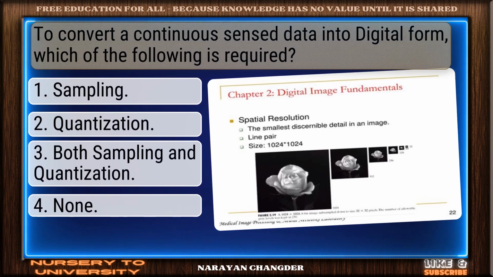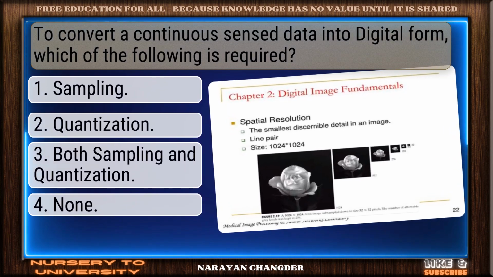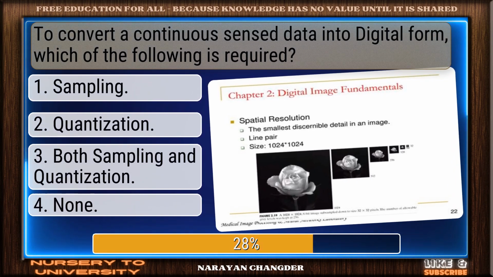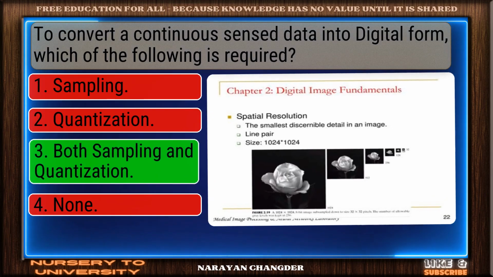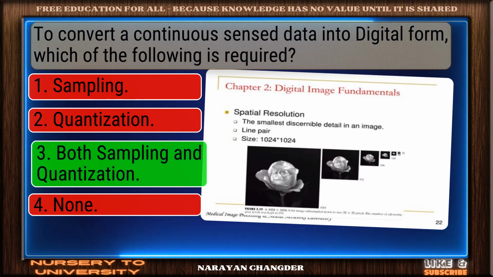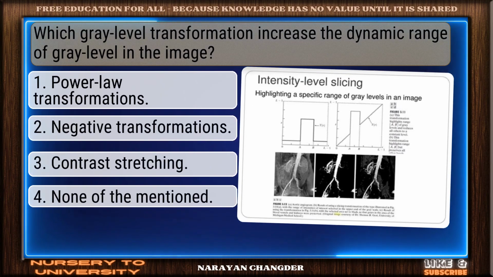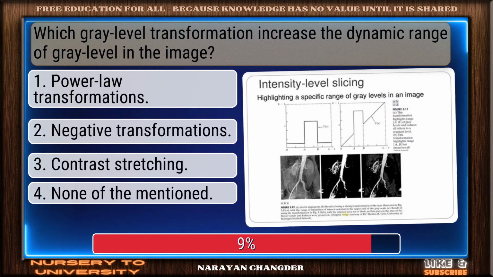Question number 12. To convert a continuous sense data into digital form, which of the following is required? Smart pick. Both sampling and quantization is the correct choice. Question number 13. Which gray level transformation increased the dynamic range of gray level in the image?